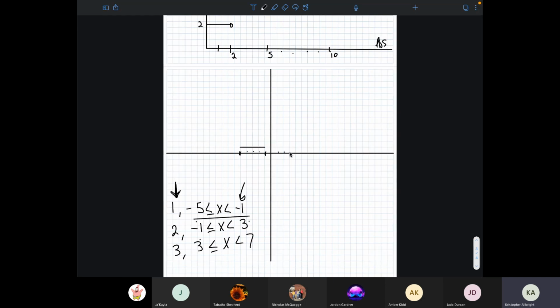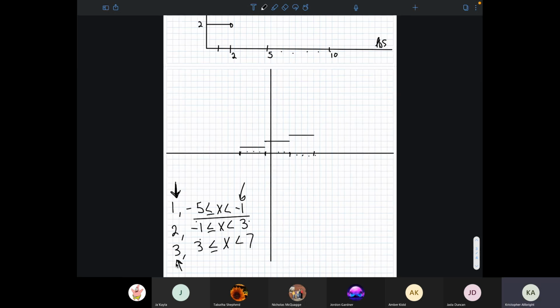So now we do 2. So we go 2, just like that. And then from 3 to 7, we do the same thing. So we've already found 3, 4, 5, 6, 7. So the little mark just for me. And then 3 to 7, we mark at 3 because that is what our function equals in that interval.